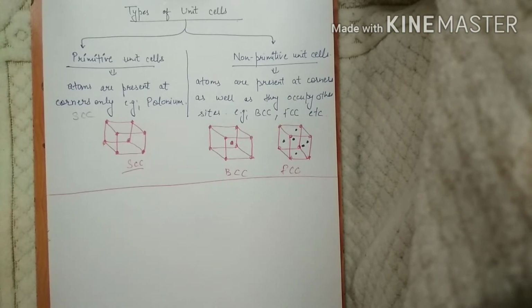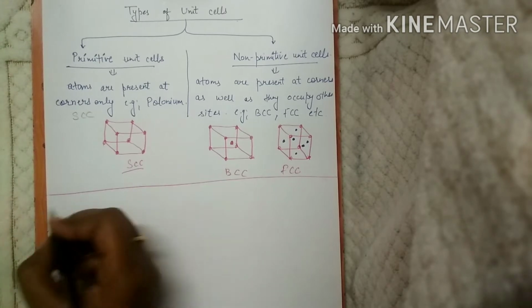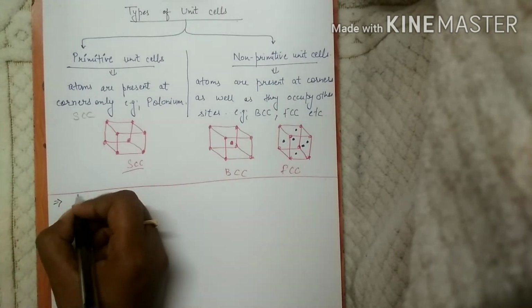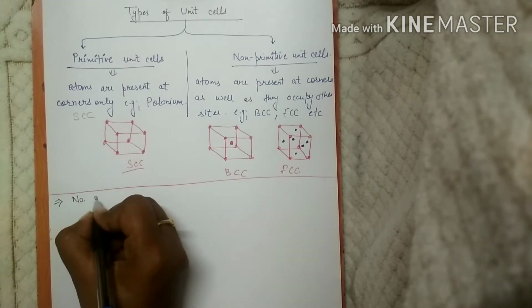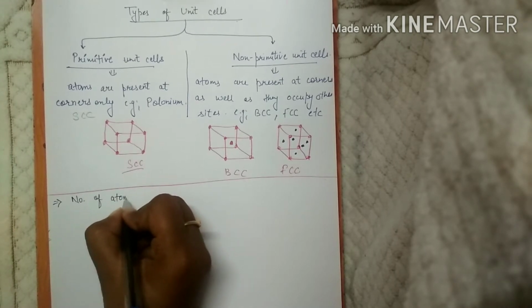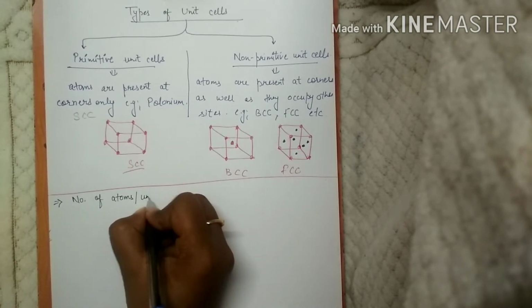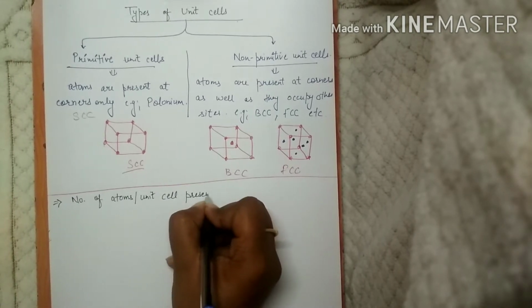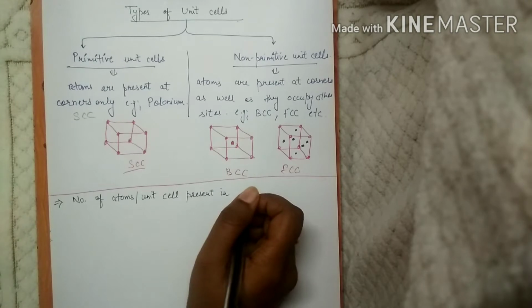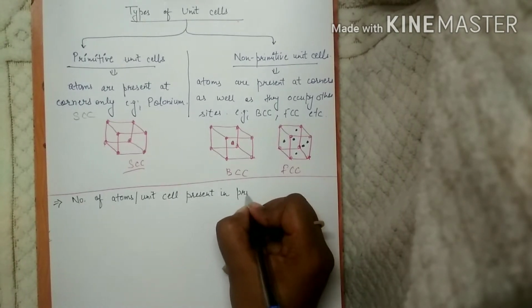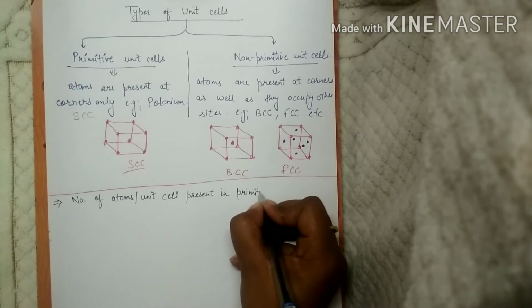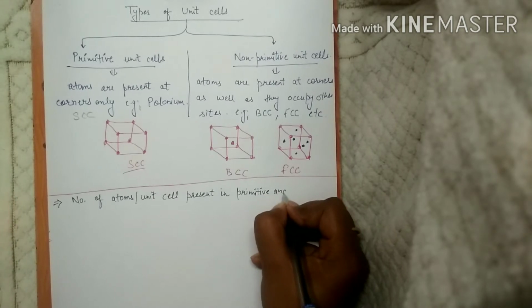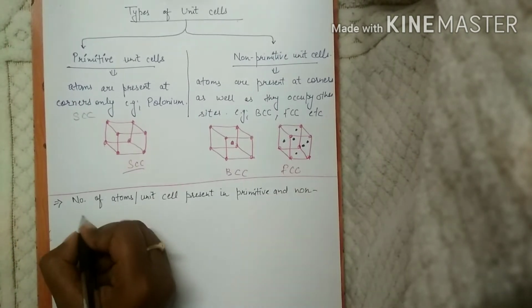So in the last video of solid state we discussed the types of unit cells. In this video we are going to discuss the first topic, which is the number of atoms per unit cell present in primitive and non-primitive unit cells.